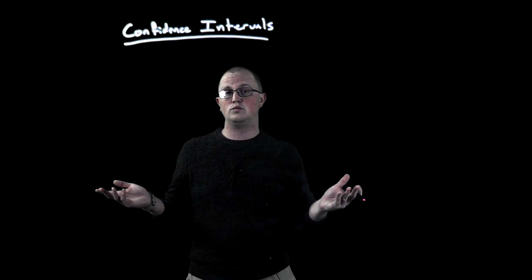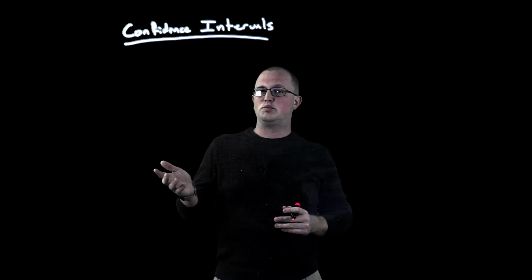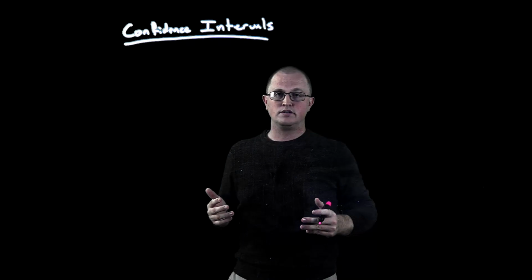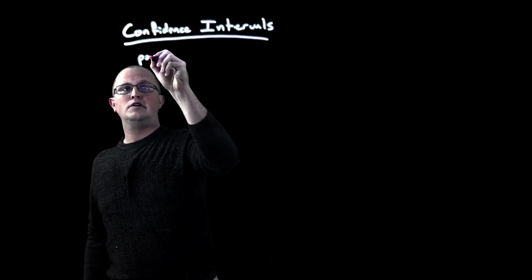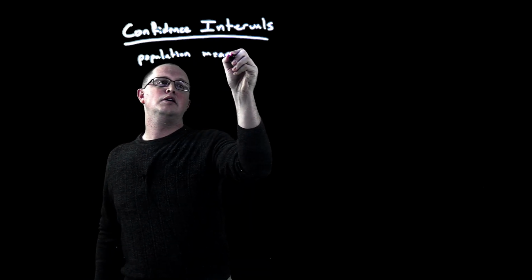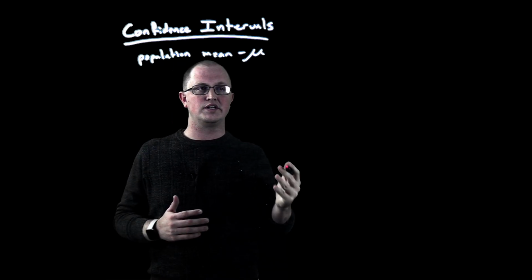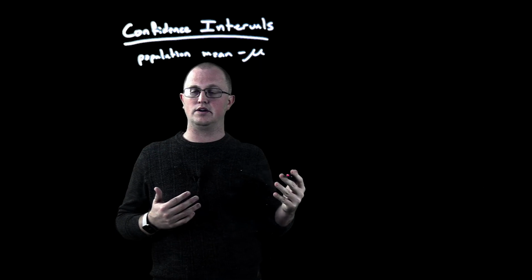All right, so what is a confidence interval? So in the previous example about apartment rent, we have the actual population mean, mu, for renting an apartment. So this is apartment costs in Owensboro.